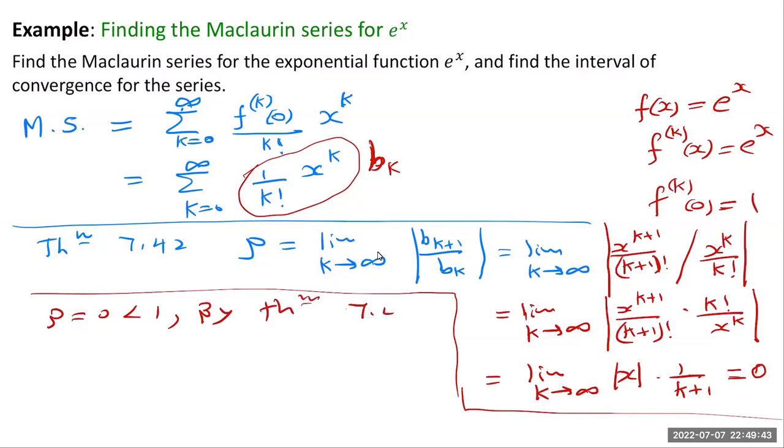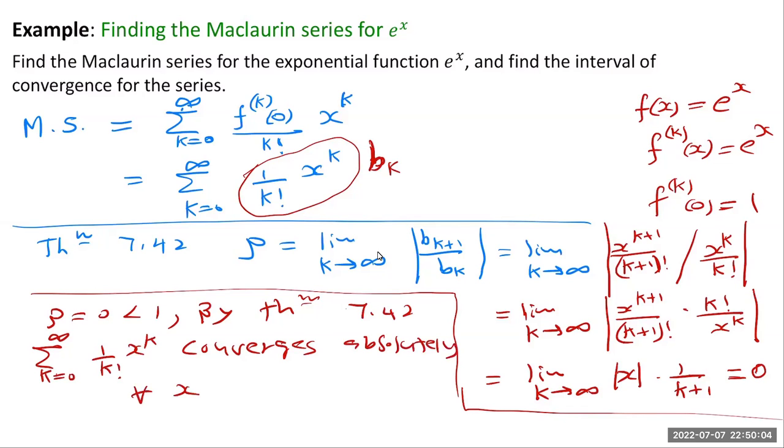Theorem 7.42: the Maclaurin series, sum from k equals 0 to infinity of 1 over k factorial times x to the power k, converges absolutely for all x.